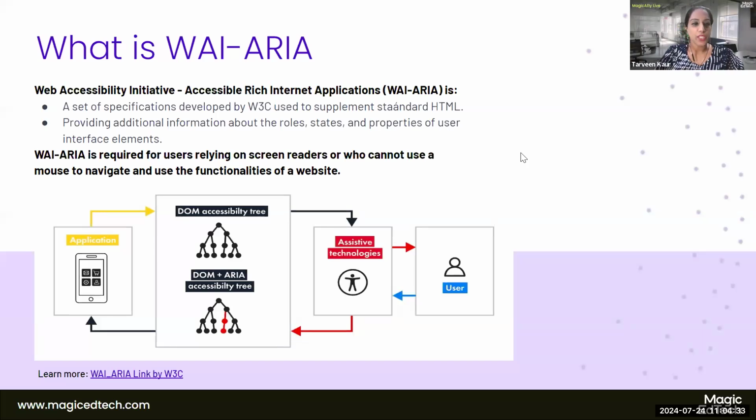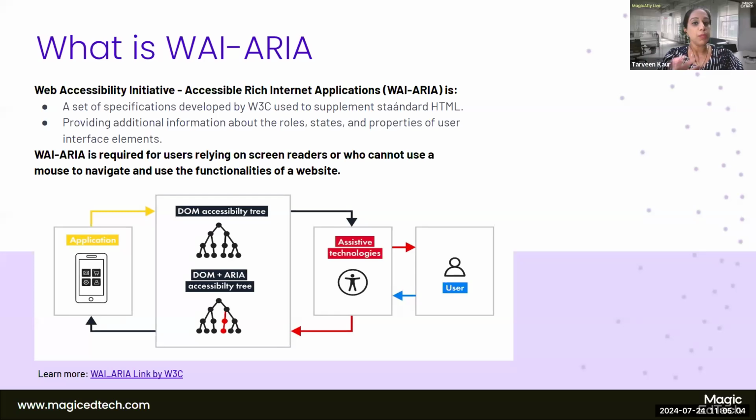Let's start with what is ARIA. We all know that we have talked about it, we have heard about it, and there's a good long list of pages and information on the W3C website. So what is ARIA? ARIA is accessible rich internet application. It helps to enhance the user experience, especially for a screen reader user, when it is implemented and done right on HTML. First of all, we need to understand that we don't need to learn all ARIA.